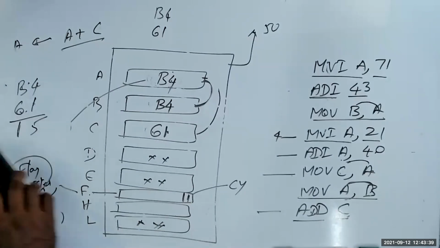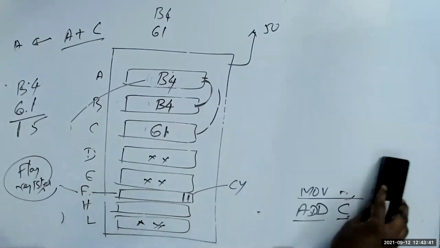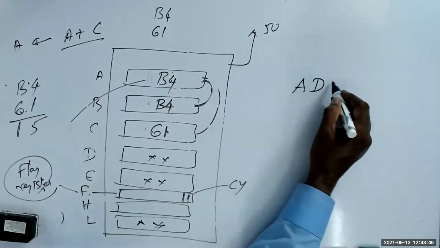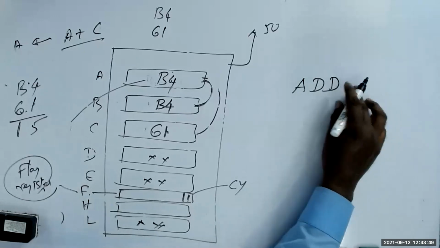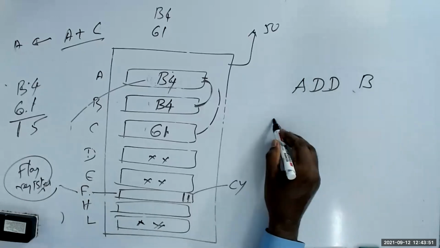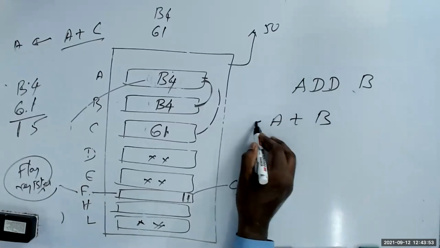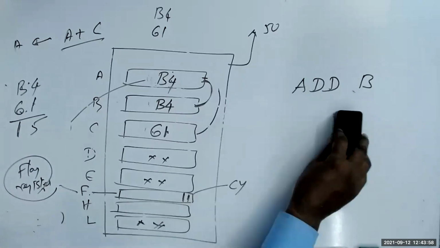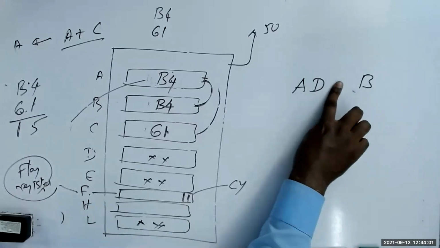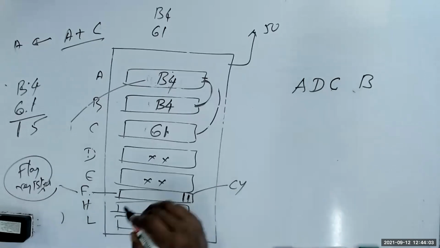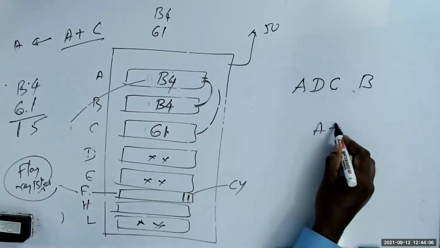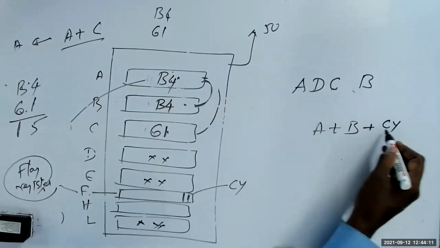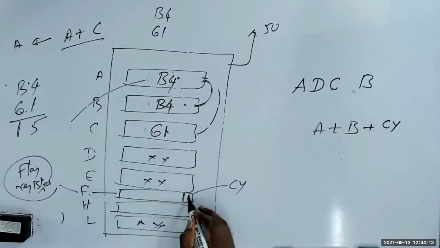So we saved the carry and we are going to use it now. How do we use it? For example, I have an instruction called add B. Add B means A plus B, put the result in A. That is what we discussed. Now, they have another instruction called ADC. That means A plus B plus carry, only 1 bit.